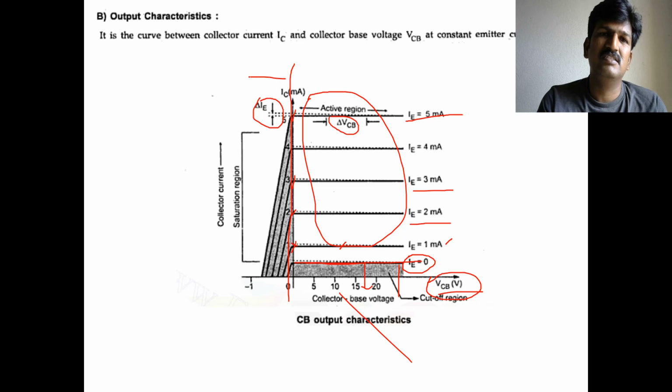Next, this region is the saturation region. In this saturation region, the collector current goes on increasing. See here, the saturation current goes on increasing. The polarity of the VCB is 0, then -1.